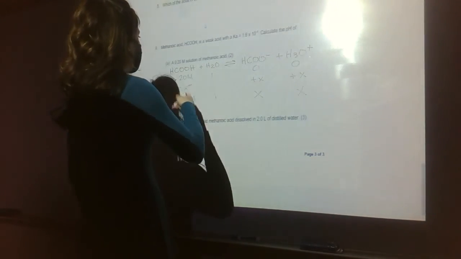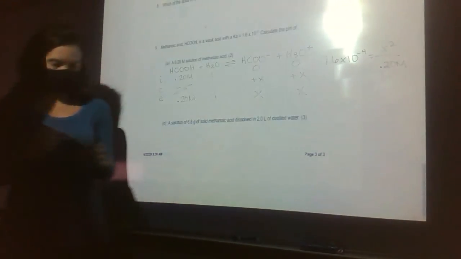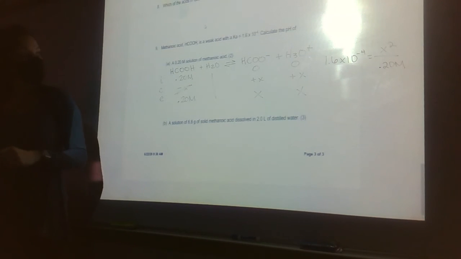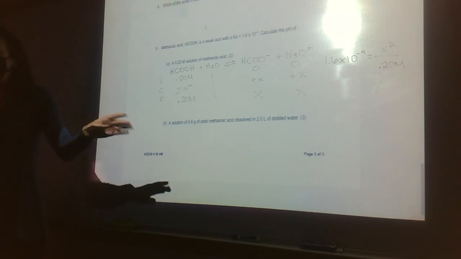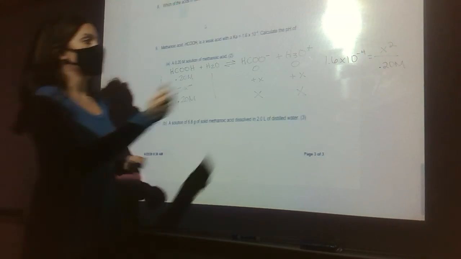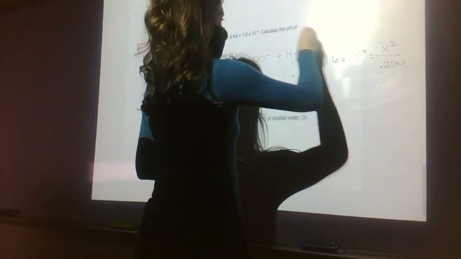And you wind up with Ka, which is 1.6 times 10 to the negative 4th, equals X squared over 0.2 molar. If you find X, you found hydronium.